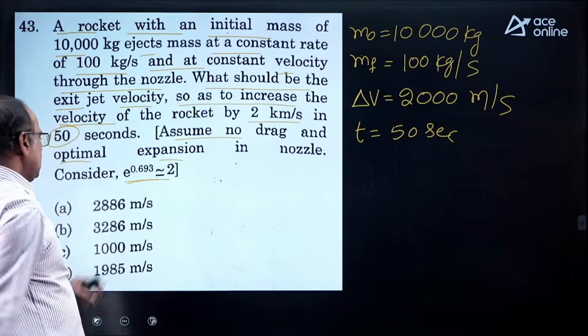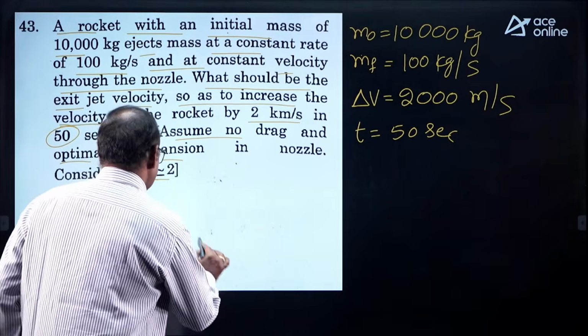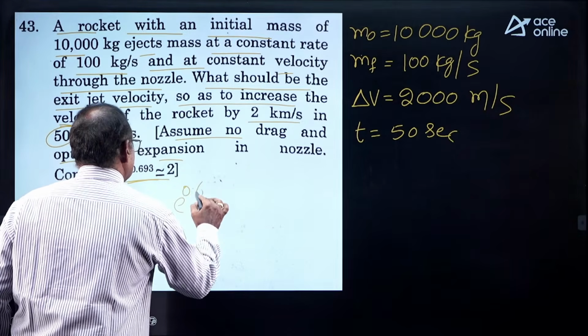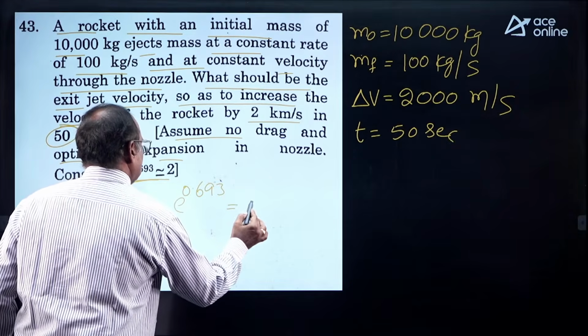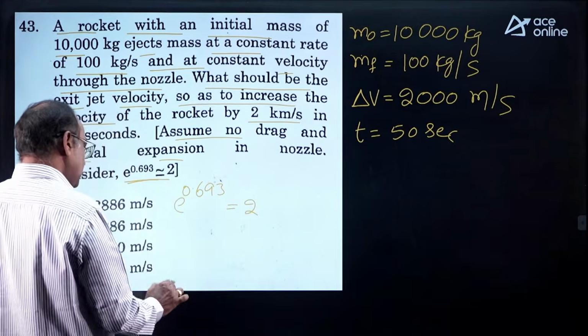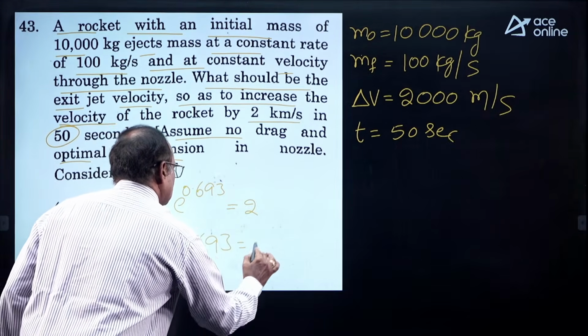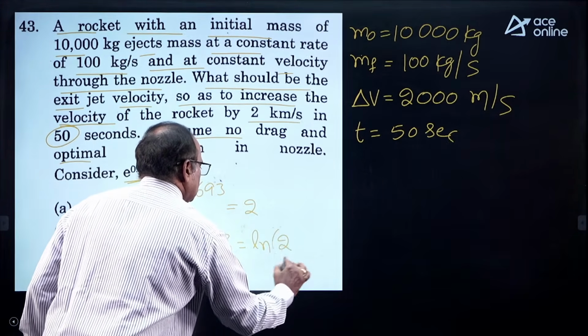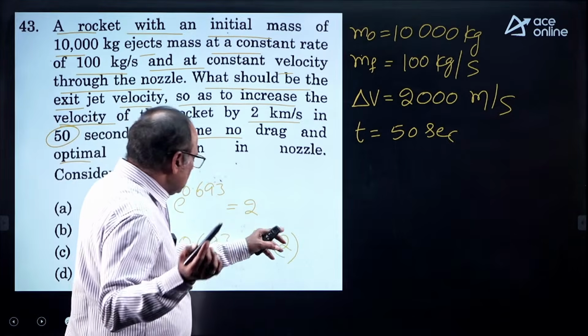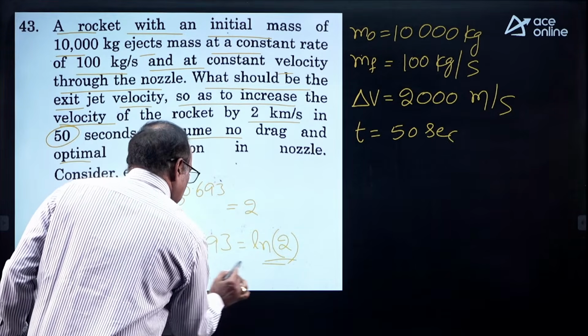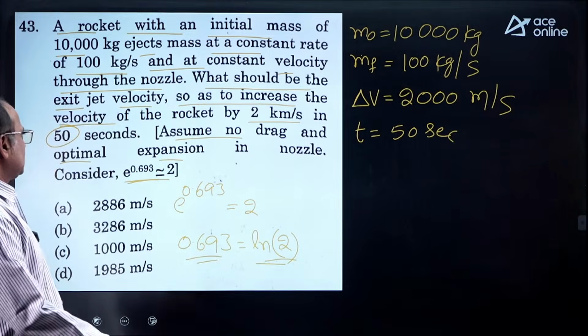Given condition is e power 0.693 is equal to 2. It can also be written as 0.693 is equal to natural log 2. That means wherever the natural log 2 is there, in place of it you can place 0.693.